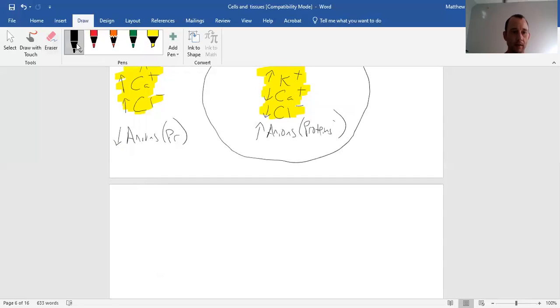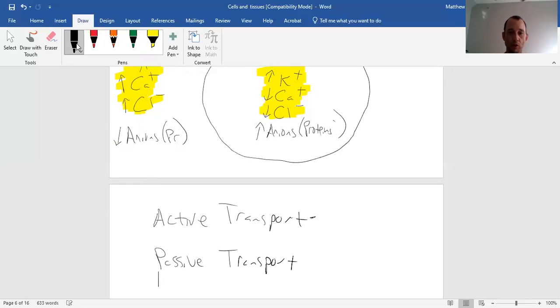There is active transport and there is passive transport. All right. Active transport. Here's what that means.